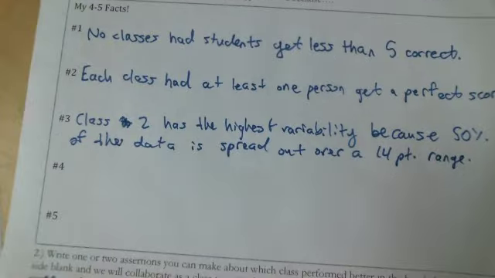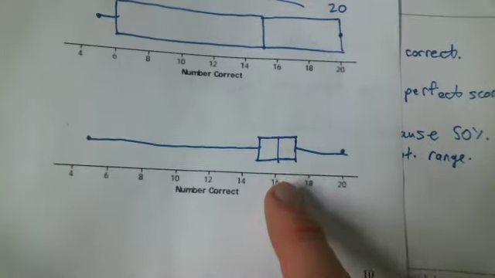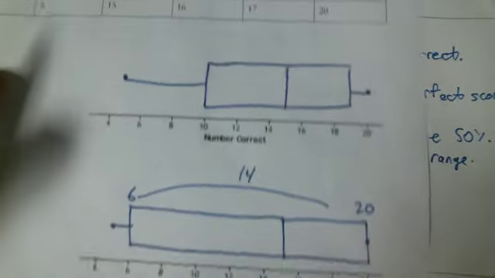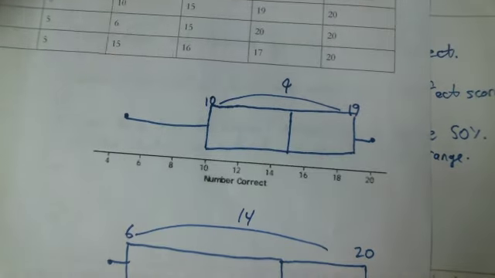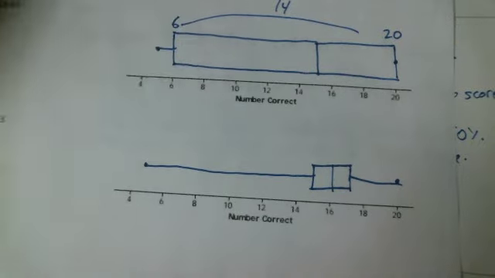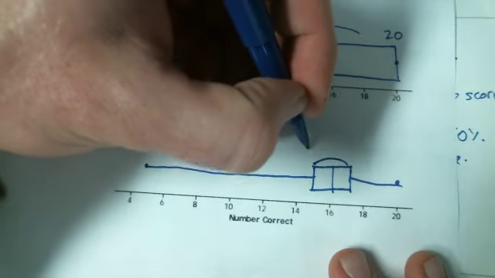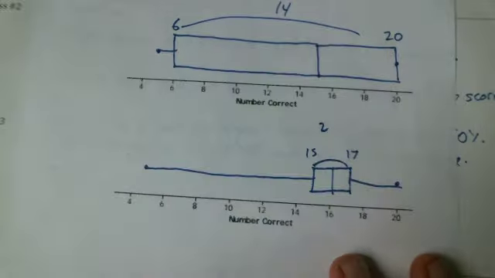Okay, well, then what can we say about this little class down here then? It obviously must have the lowest variability because this is 10, this is 19, so it's only a 9-point range for 50% of the data. Now this one, it's only 15 to 17, so it's only a 2-point range.